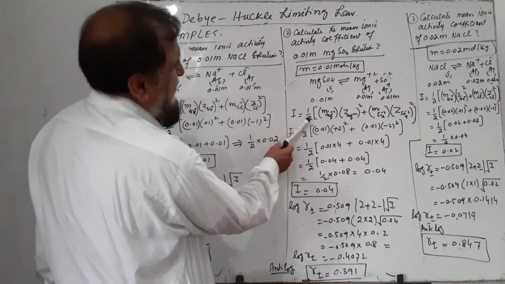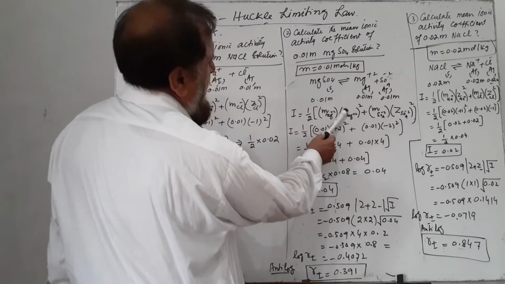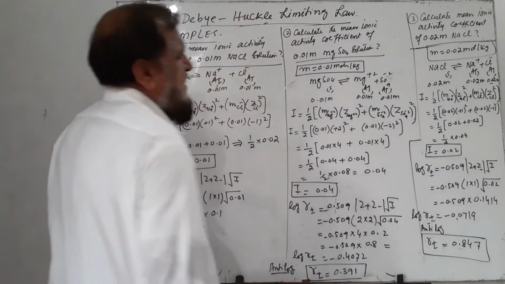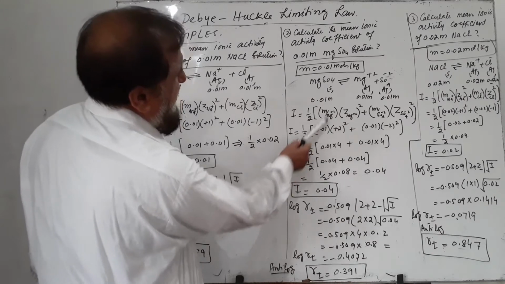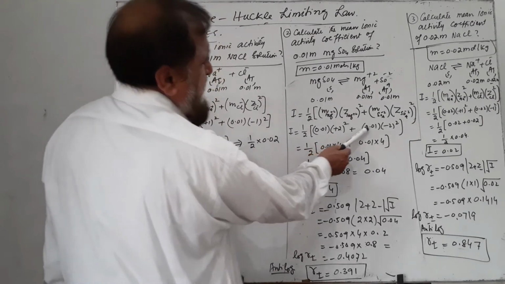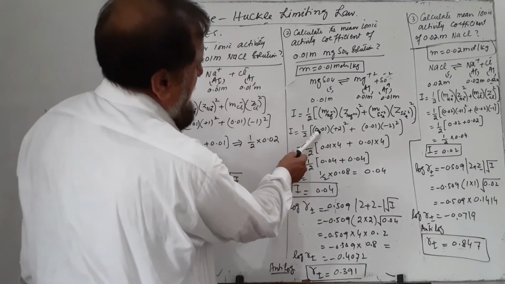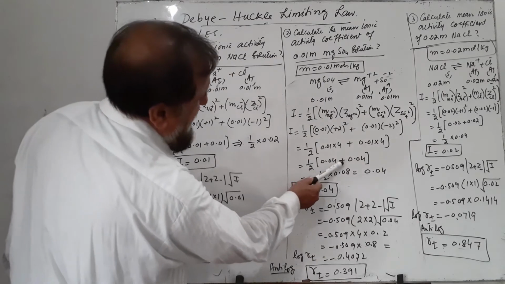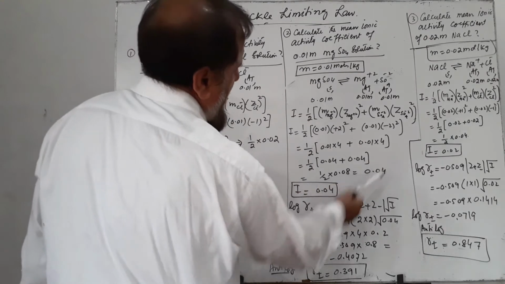Ionic strength is half of the molality of magnesium ion into charge of magnesium ion squared plus molality of sulfate ion into charge of sulfate ion squared. Putting values, we get half into 0.01 into (+2) squared plus 0.01 into (-2) squared, or 1 by 2, half of 0.01 into 4 plus 0.01 into 4, half into 0.04 plus 0.04, we get half into 0.08 or 0.04.